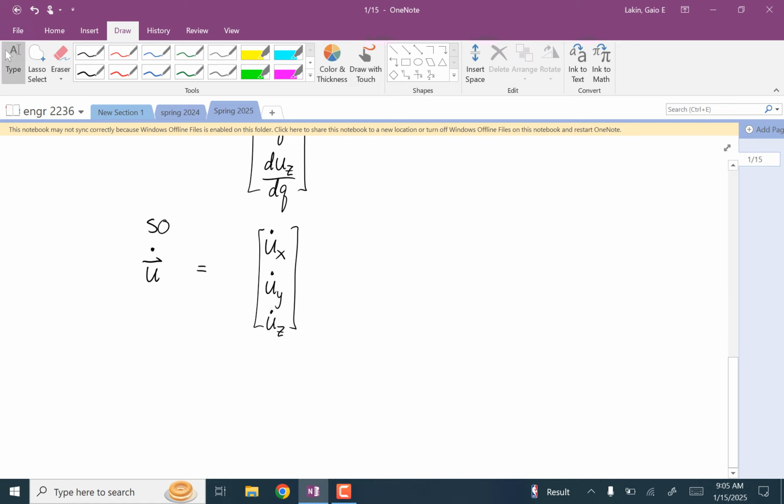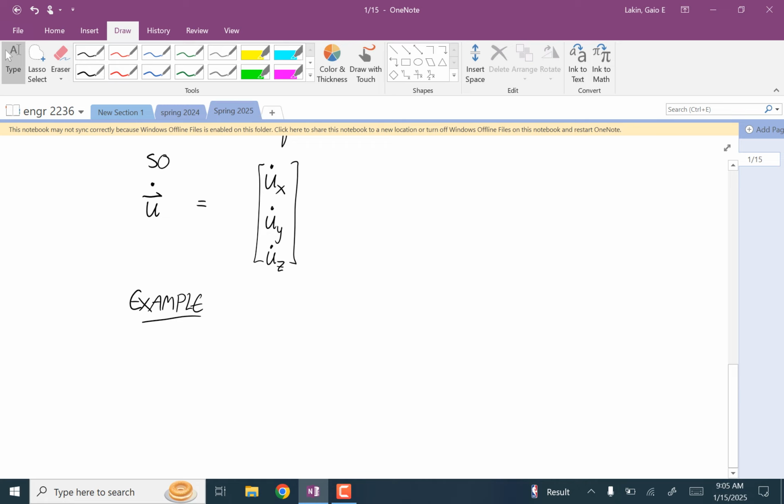Okay, so what that means is, let's say we have a vector t squared, negative t, cosine t, and we want to take the time derivative of that.